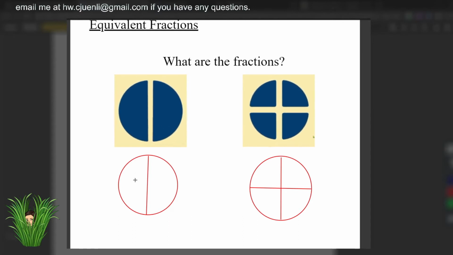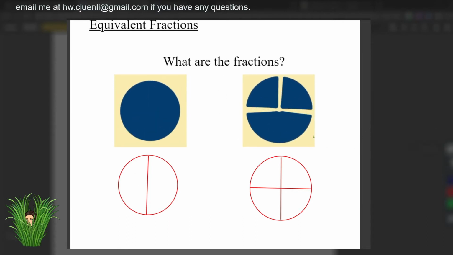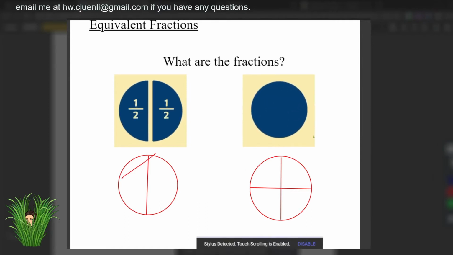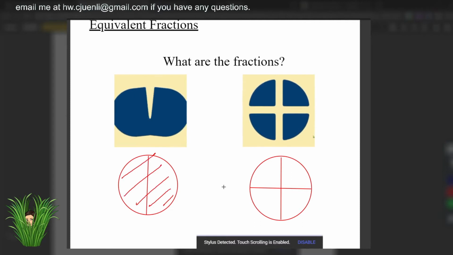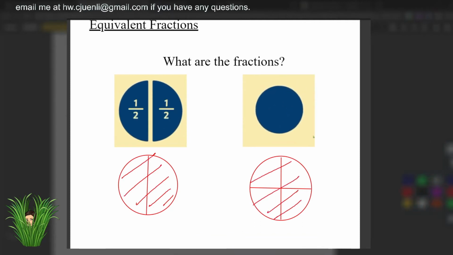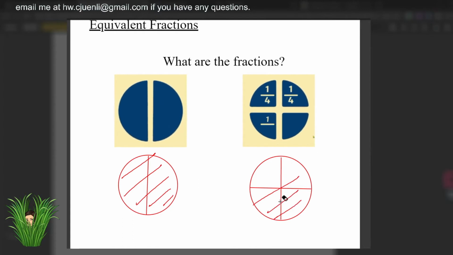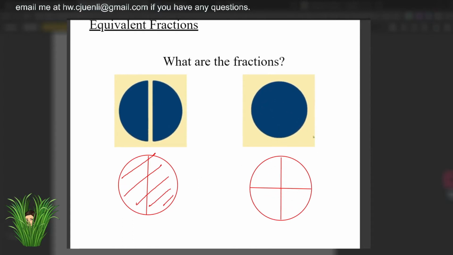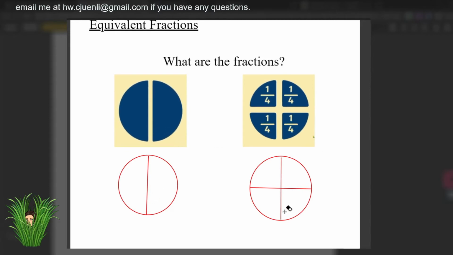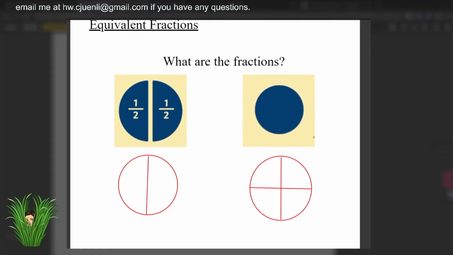So here's the thing. We want to know what is equivalent. When it is the same thing, maybe I have 2 pizzas, so definitely I'll eat 2 of them. What if I can't eat all of them? One pizza I have cut into half, whereas the other pizza I have cut into 4 slices.